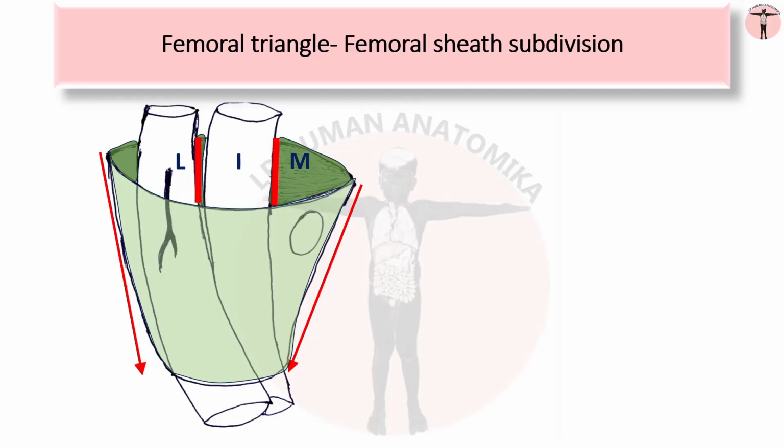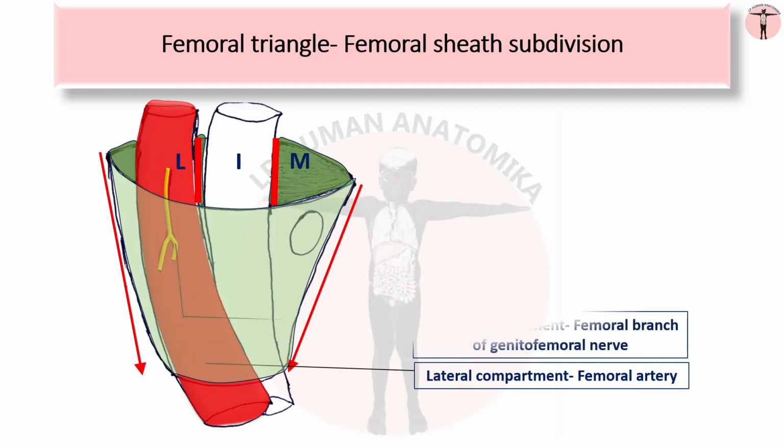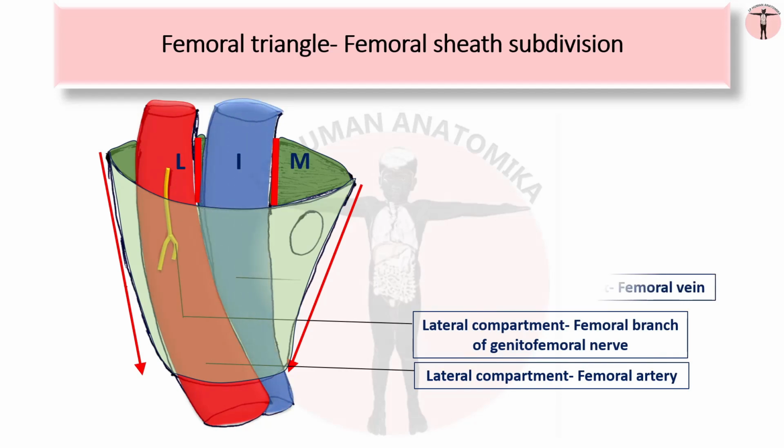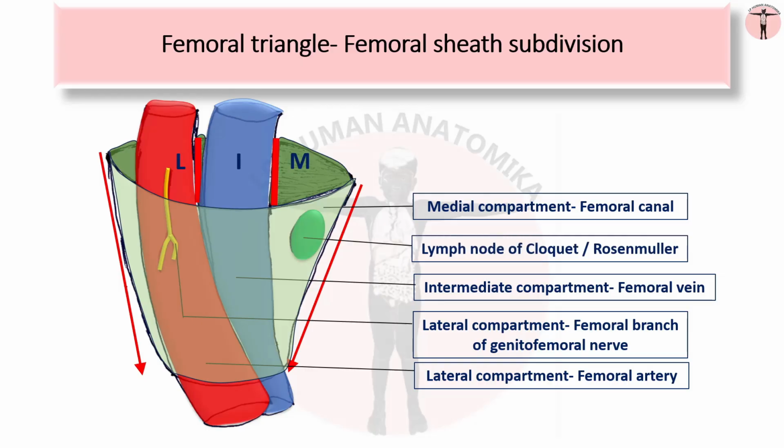The lateral compartment contains femoral artery and femoral branch of genitofemoral nerve. The intermediate compartment contains femoral vein. The medial compartment, which is known as the femoral canal, contains lymph node of Cloquet or Rosenmuller.